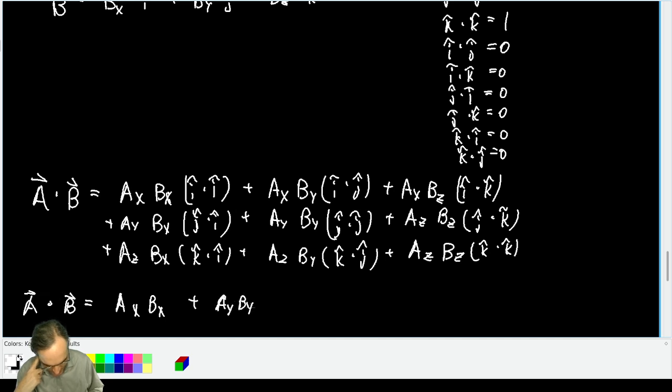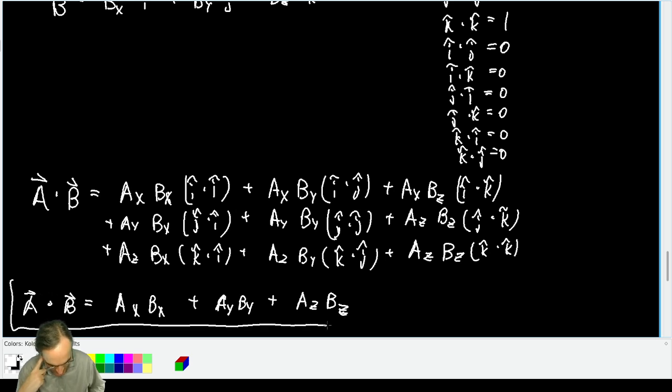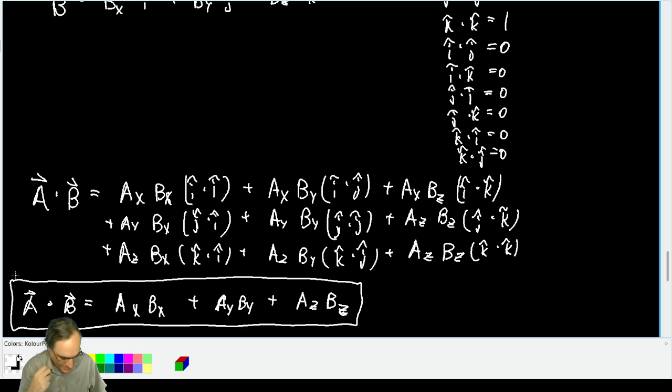And then the third row, 0, 0, and we get AZ BZ. So I said I wouldn't really do a proof, but this kind of sort of was. I just didn't prove why I hat dot I hat is 1 and why J hat dot J hat is 1 and why I hat dot K hat is not. But this gives us the result. So this is the main thing we are after.